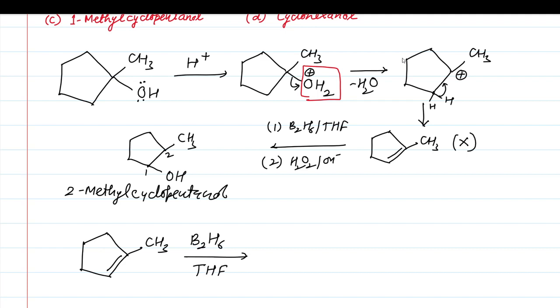So, at this point, BH2 is attached. Because B2H6 is the dimer of BH3 actually. It is an electron deficient compound. So there is partial positive charge on boron and partial negative charge on hydrogen, because boron is less electronegative.